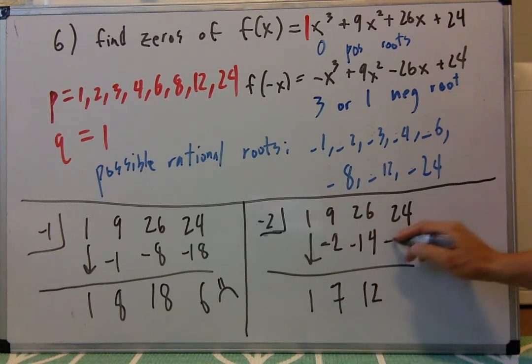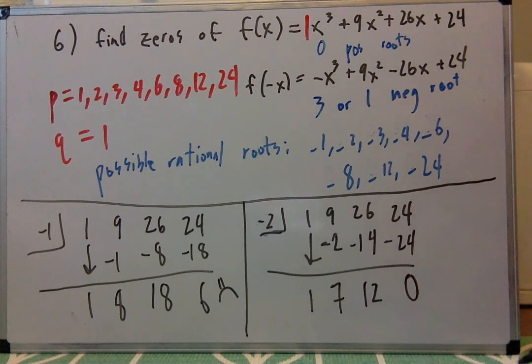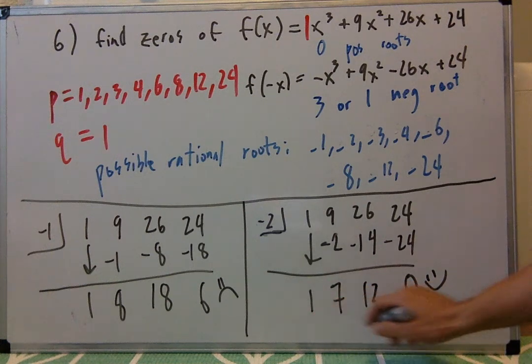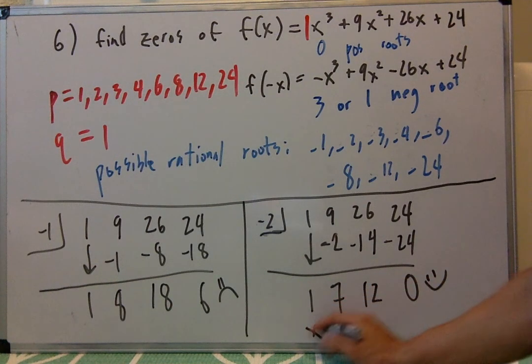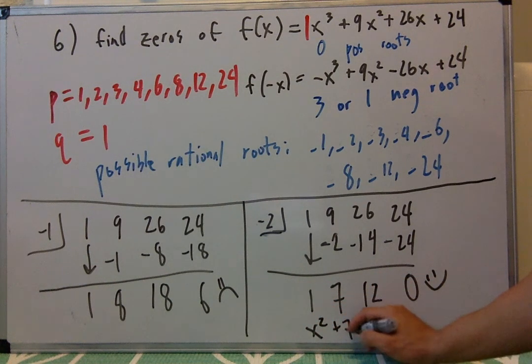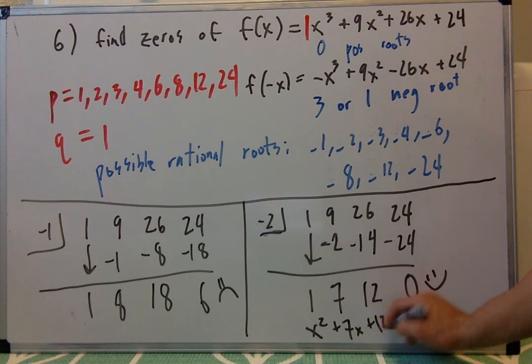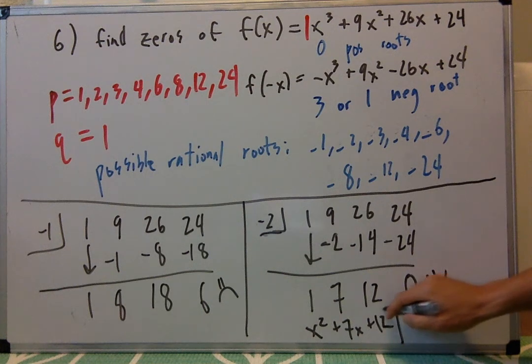Negative 2 times 12 is negative 24. Oh, sweet. That's 0. So that's happy. That means we divided perfectly. This right here represents x squared plus 7x plus 12. Okay, so this is the guy we're going to keep in mind.